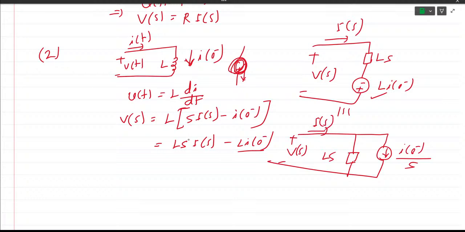That is I(s) is equal to V(s) upon Ls plus I0 minus upon s.